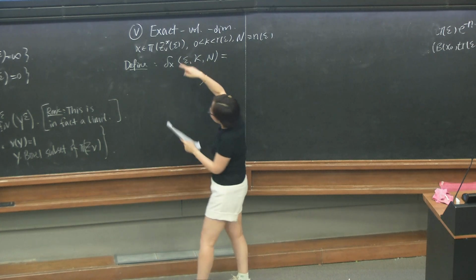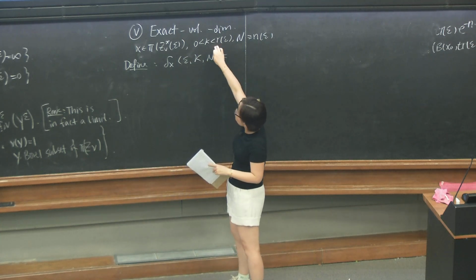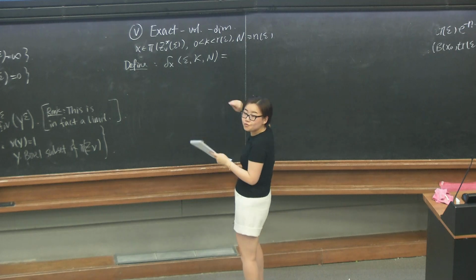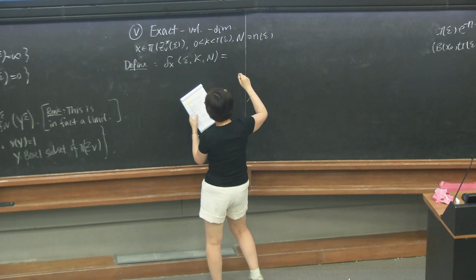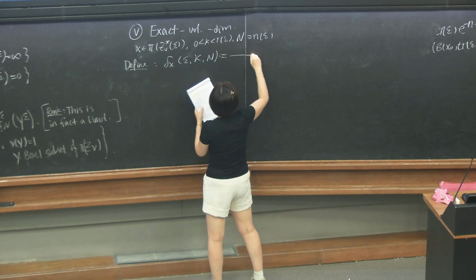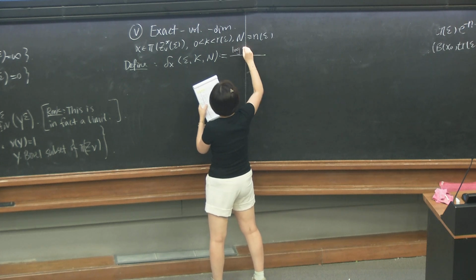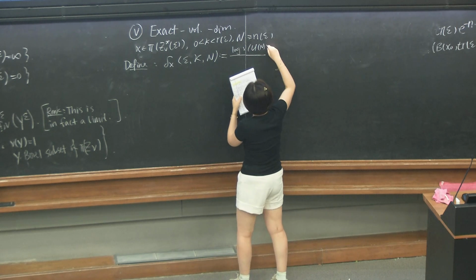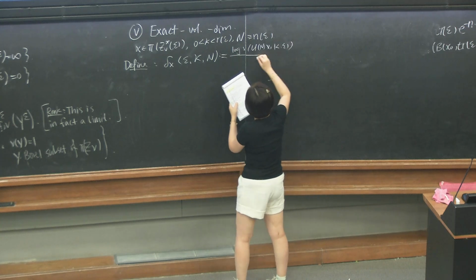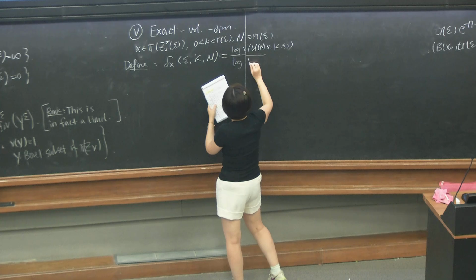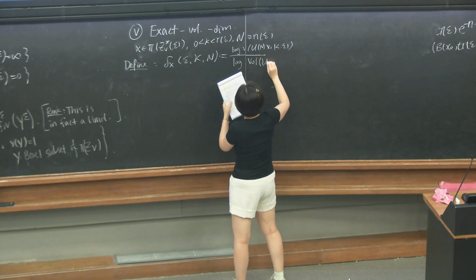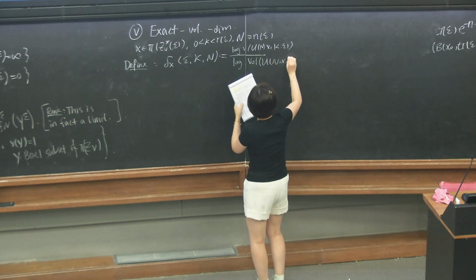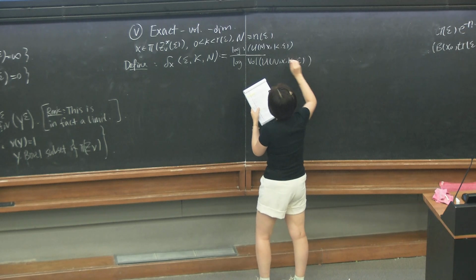Because it involves the sets U, you need these x, kappa, n to be in the good range. So this is the log of the measure nu of U of x, kappa, epsilon, over the log of the volume of U of x, kappa, epsilon.